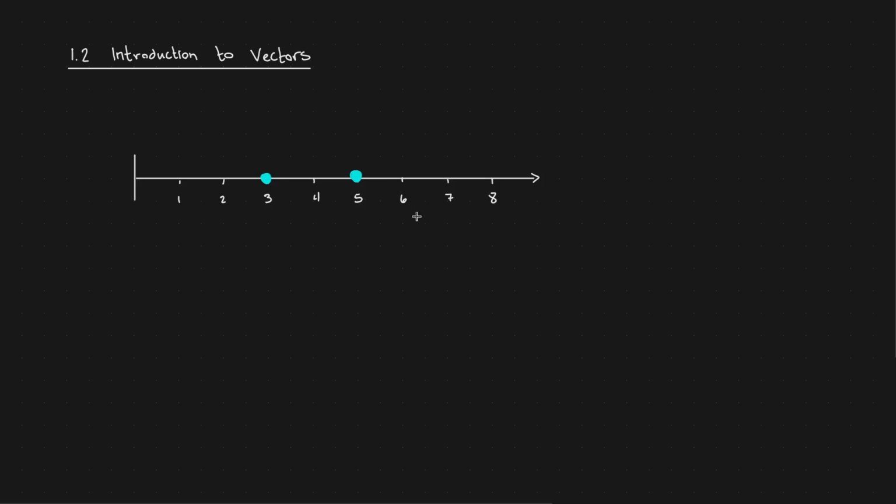Now, both of these represent quantities. On the number line, we illustrate them as positions, right? We graphically represent them using positions on the number line. But we could also represent the change in the position.